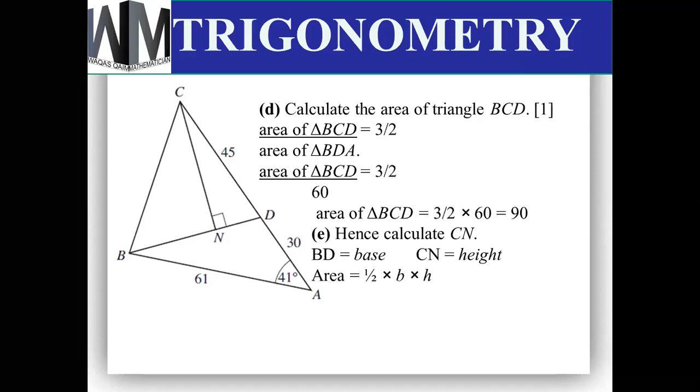And when we apply the formula, area is equal to half base into height, then area will be 600, sorry, it's 900, and half into base, the length of side BD we have calculated in part 1, which is 43.1, and then the height will be calculated by using this formula.